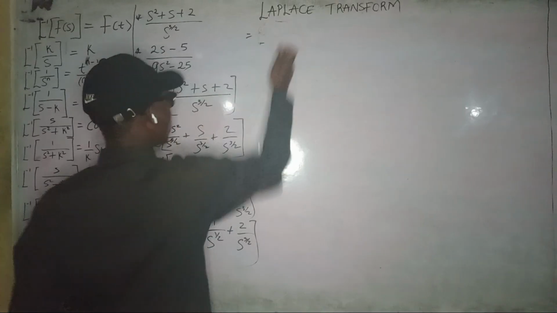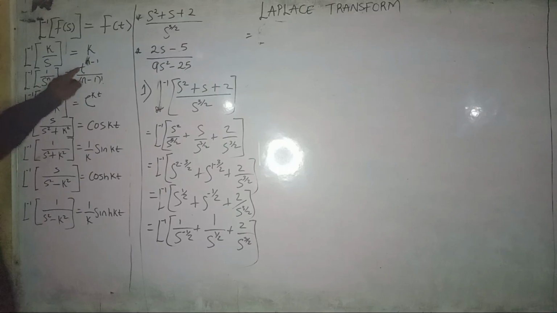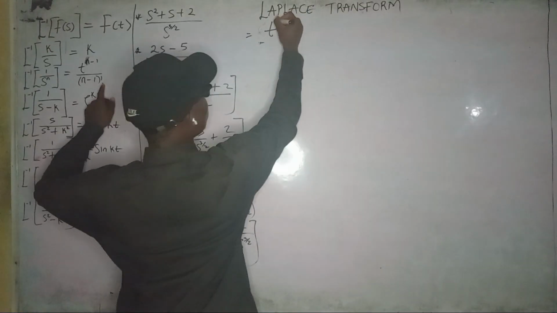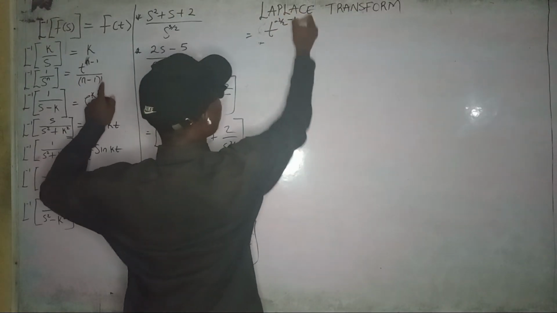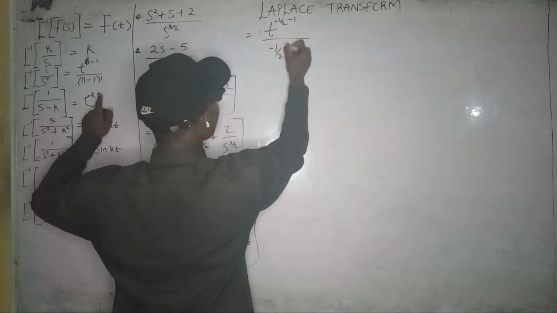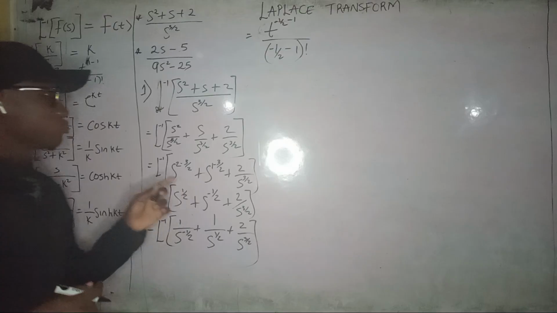After finding the inverse Laplace transform, this is going to give us t raised to power minus 1 over 2, over minus 1 over 2 minus 1 factorial. That is for that.